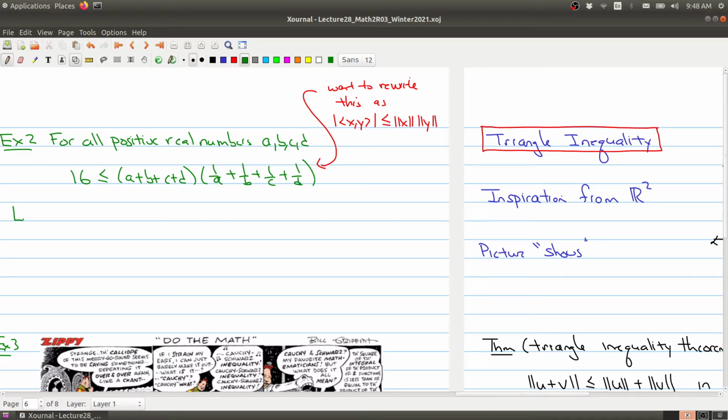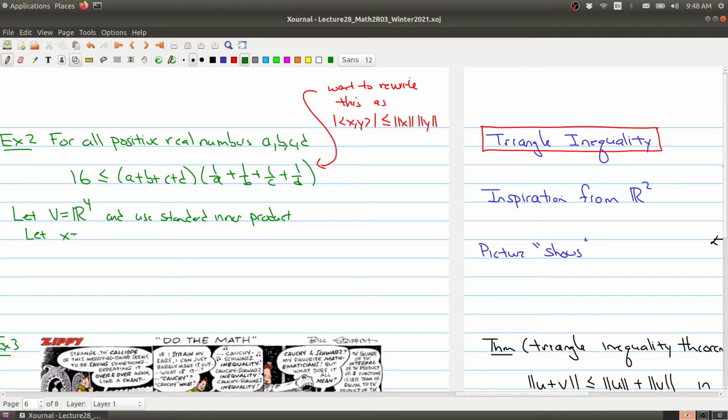It actually follows pretty easily if you set V equal to R^4 and use the standard inner product. And then the real trick is to pick the right vectors.